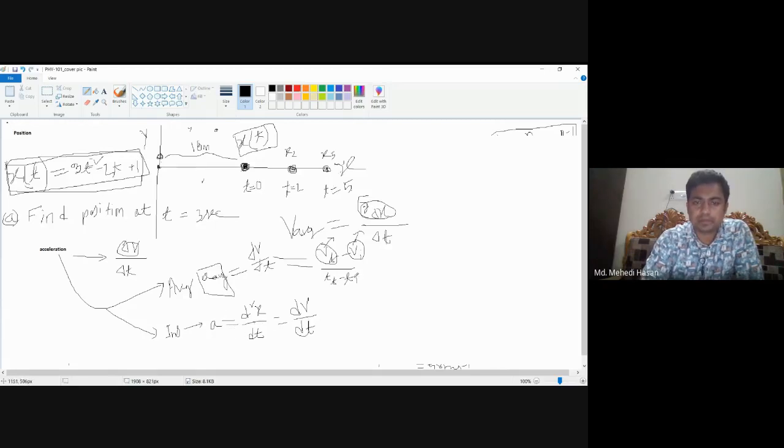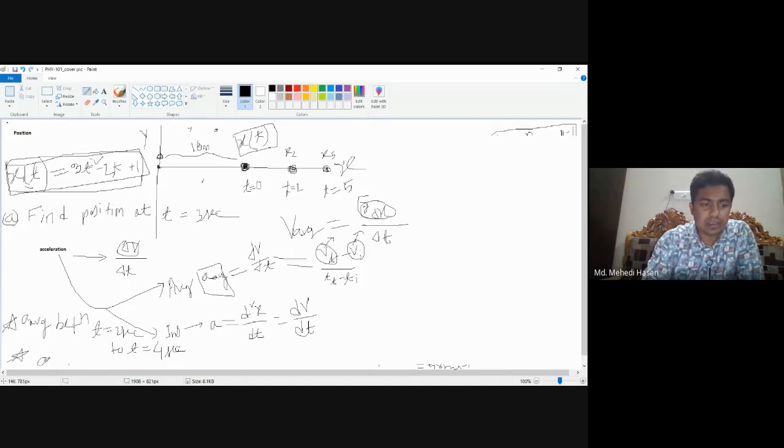Now if the question is given like that, find the average acceleration between time interval t equal to 2 seconds to t equal to 4 seconds. Okay, so there is a time interval, so that's why this is considered average acceleration.